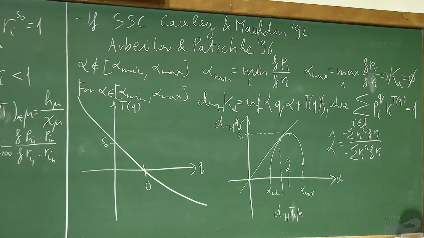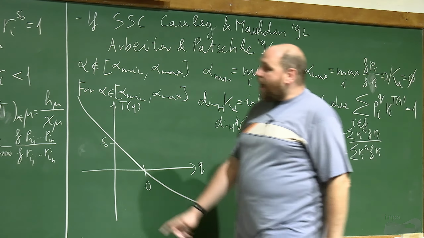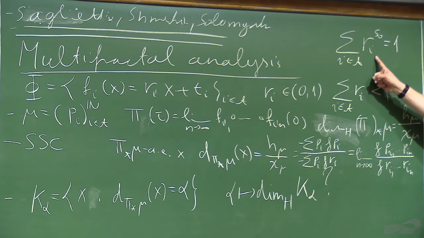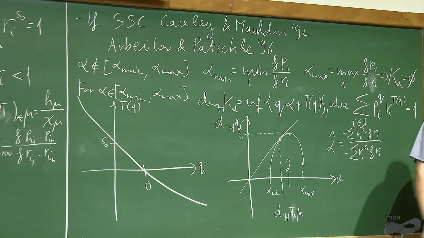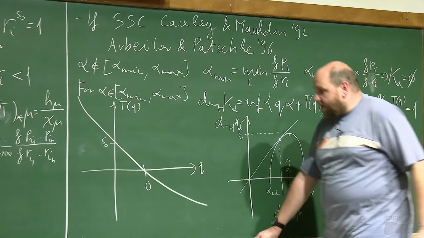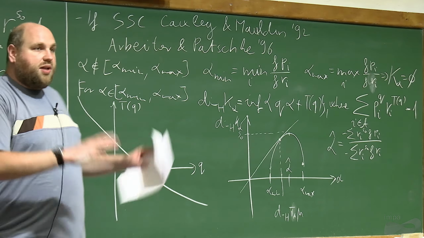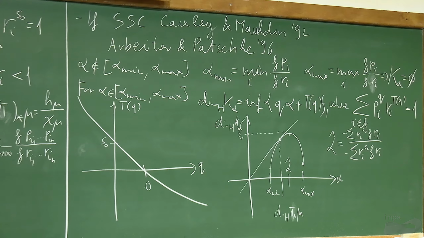From this you can see the answer: this alpha hat is the typical value of the local dimension with respect to the measure generated by these r_i^{s_0} probabilities, so this natural measure. And this map is analytic. So it's really a miracle that there is some object which is absolutely fractal-like, and at the end you press out of this some very, very nice analytic function. I really like it.